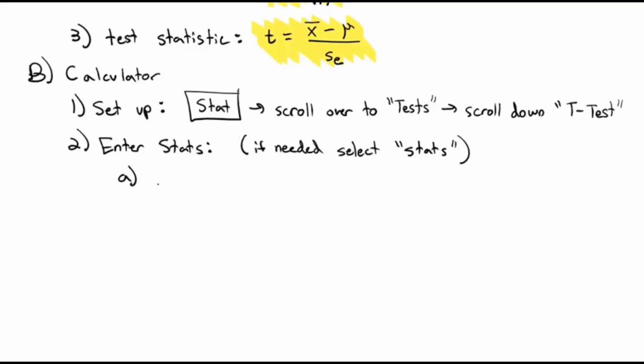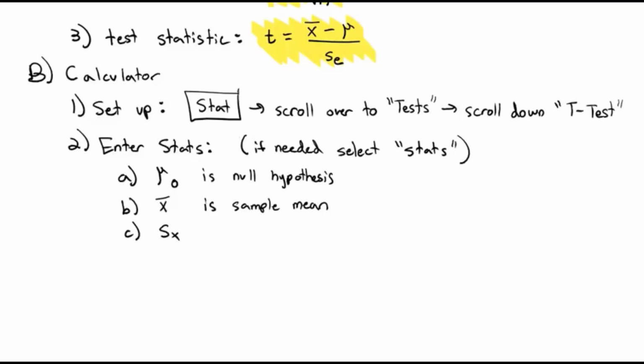And the stats you're going to enter in, first it'll ask for mu sub 0. That is the null hypothesis. It's also going to ask you for x bar, which is the sample mean. It's also going to ask you for what they call Sx, which is the sample standard deviation.